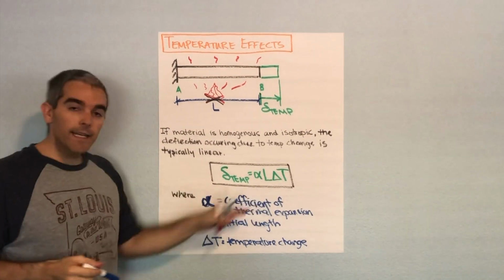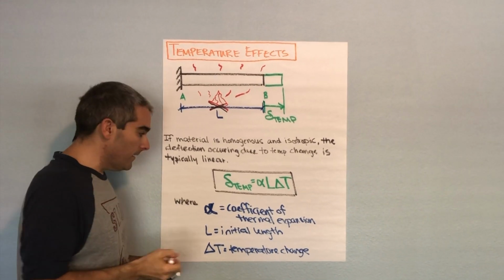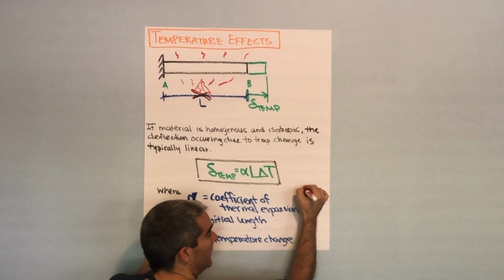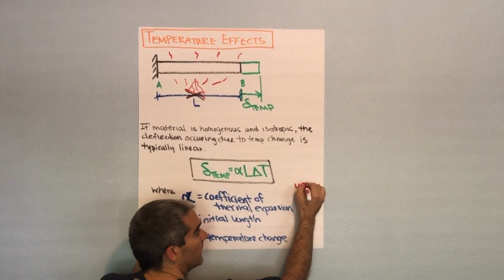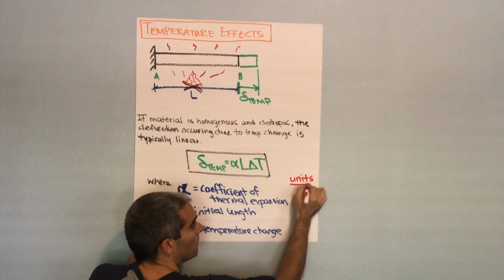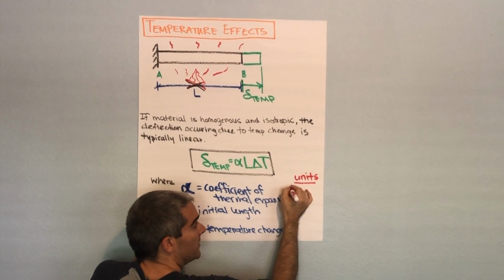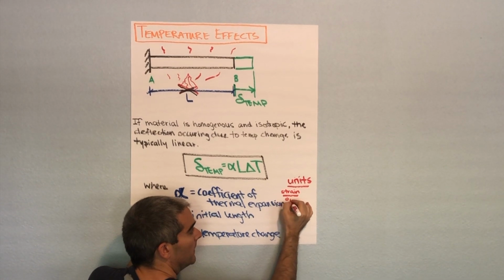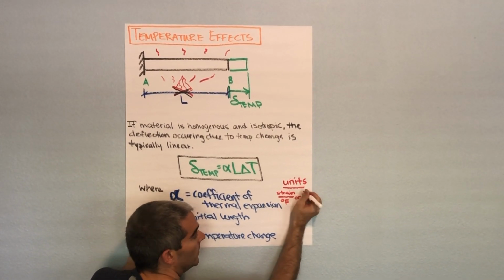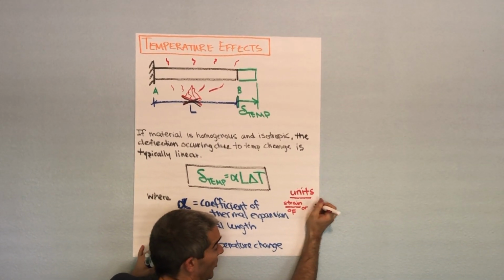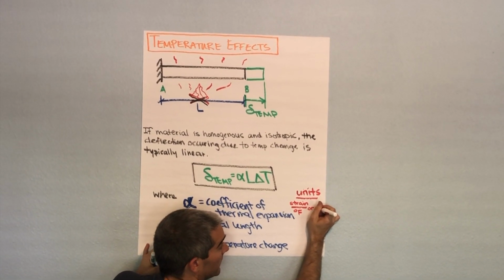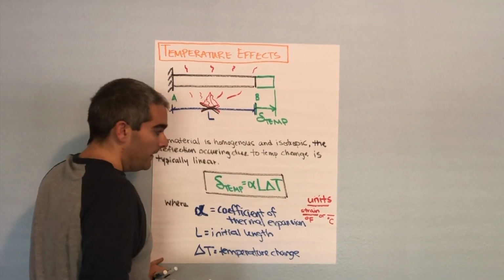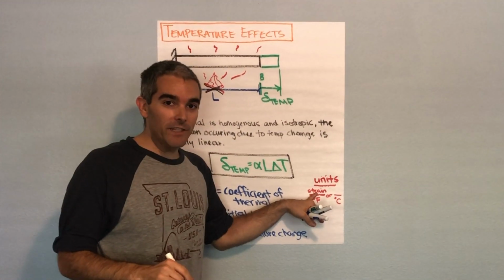Just to make a note on some units here, alpha has weird units. The units on alpha are strain per degree Fahrenheit or strain per degree Celsius. And now remember, strain itself is unitless.